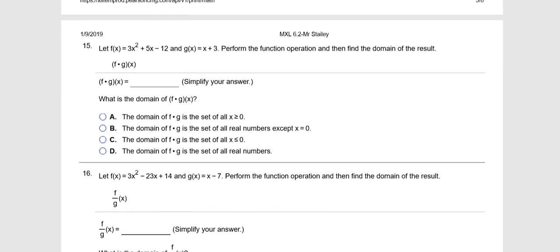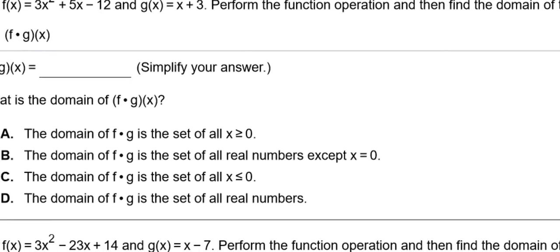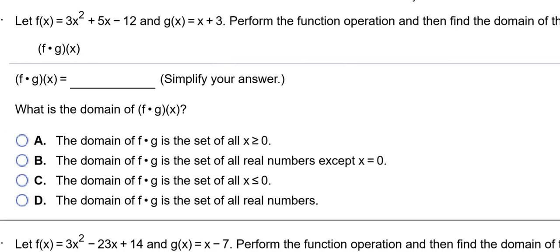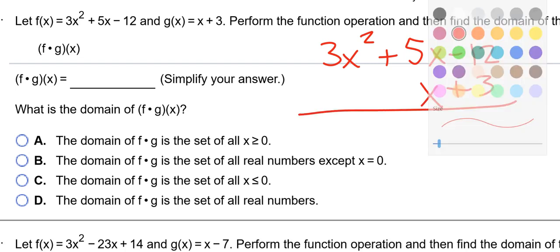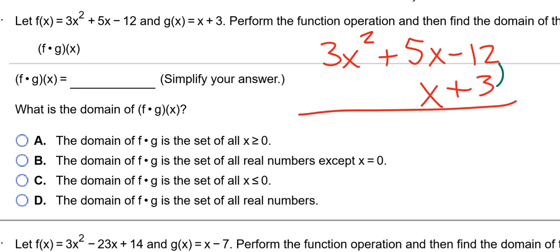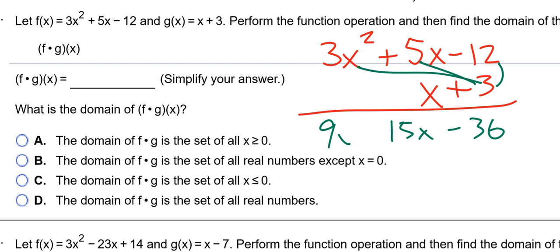Okay, now question 15. I'm going to do this real quick. You do not have to write this first part down. So I wouldn't worry about this. The multiplication part, I'll show it to you very fast. I'm going to do this kind of like we did in elementary school. 3 times negative 12 is negative 36. 3 times negative 5x is negative 15x. 3 times 3x squared is 9x squared.